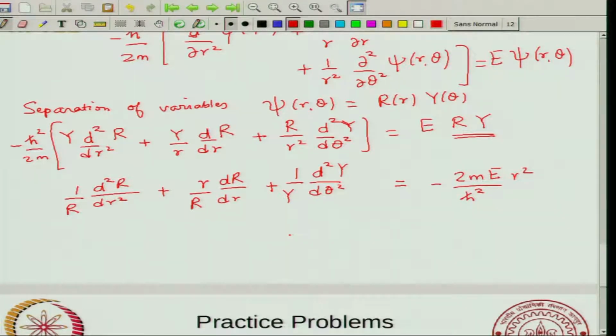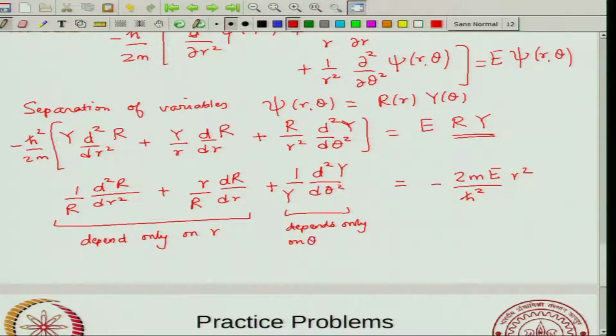Now, the advantage of this is that these two terms depend only on r, this depends only on theta, and the right hand side depends only on r.